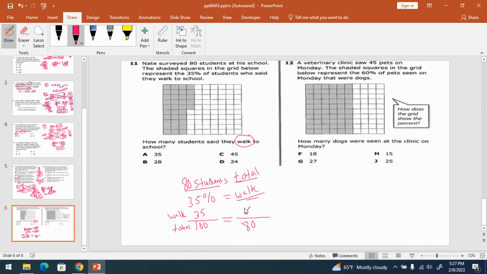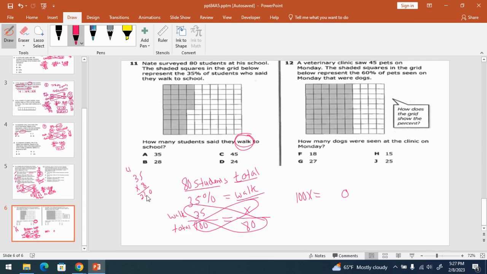And then we want to know how many walk. That's why the x becomes the walk. 100 times x would be 100x. 80 times 35. I go to the side. There's a 0 there at the end. I'll put it already, and just take care of the 35 times 8.